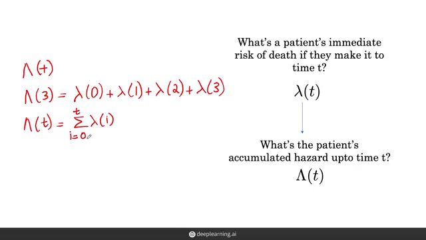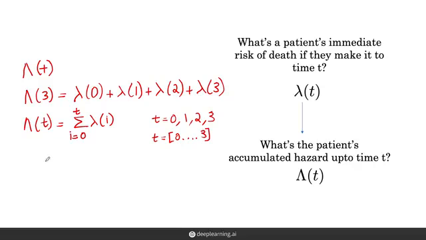So this is the expression that we get when the time can take on discrete values like 0, 1, 2, 3. We've also seen where time can take on any continuous number between 0 up to 3 or whatever amount we want.